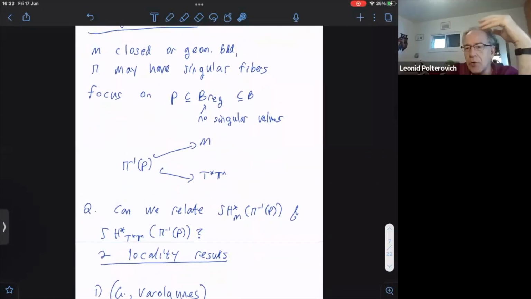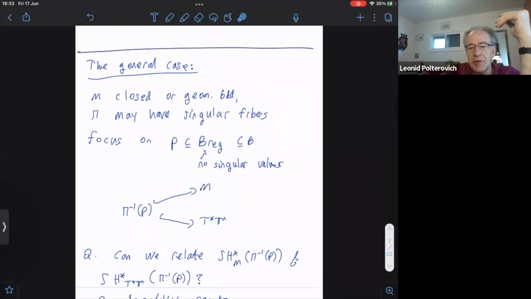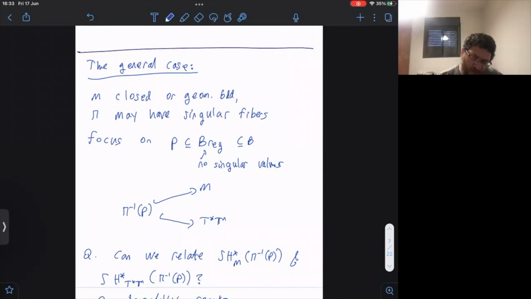Sorry, you assume that there exists a map from pi inverse of P to T star Tn. It's an extra assumption. Yes, of course. I wrote that it's contained in the regular part, but that alone is not enough. It's a regular part, and let's even assume that it's a convex integral affine polytope.